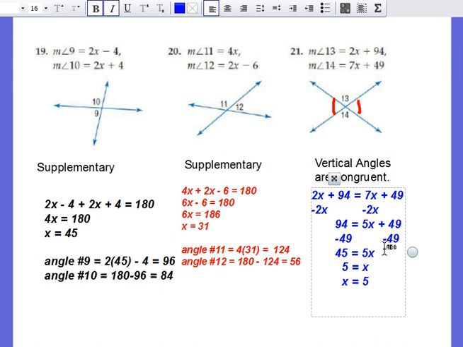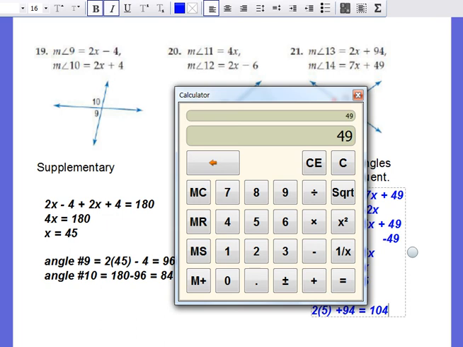So for 13, the angle 13, I'll do this quickly. So angle 13, the actual measure is 2 times 5 plus 94. And that should give me, I believe, 104. And you should get the same thing if you do 7 times 5, which is 35, plus 49, let's see. So 49 plus 35.